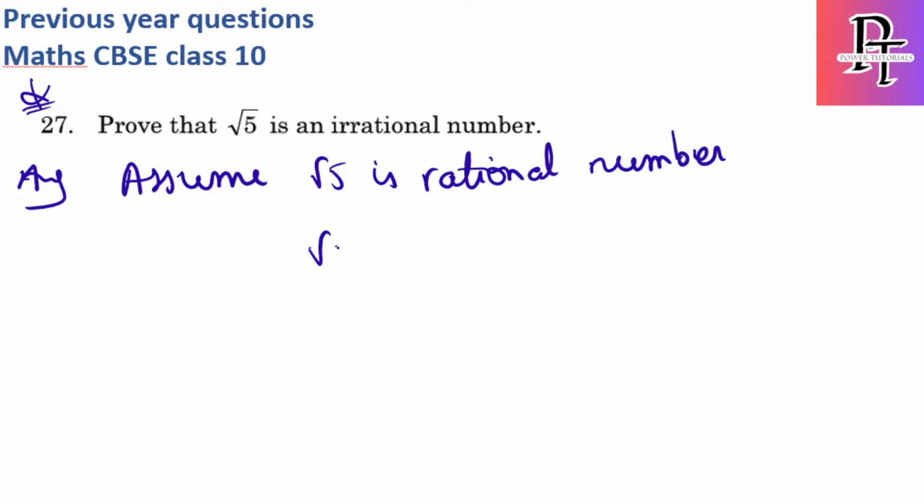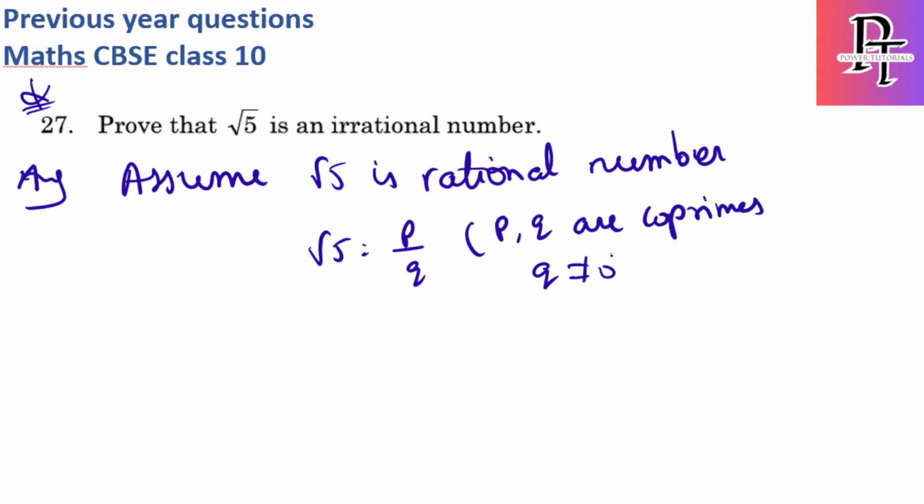So root 5 is equal to p by q, as it is rational, where p comma q are coprimes. Coprime in the sense not having any common factor, and q should not be equal to 0, because in the denominator we cannot write 0. Now if we cross multiply, p is equal to q into root 5.